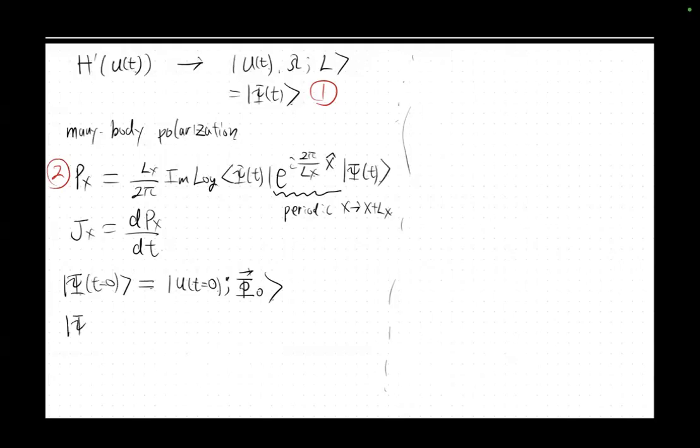Now let's ask what the state psi of t is. Well, the state psi of t is u of t, and it's still in the same flux sector because it's being time evolved within the same Hilbert space. So now I can write this as T_u of the state that's at the origin.